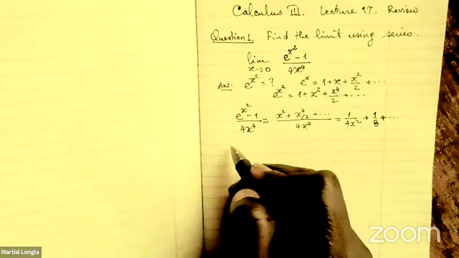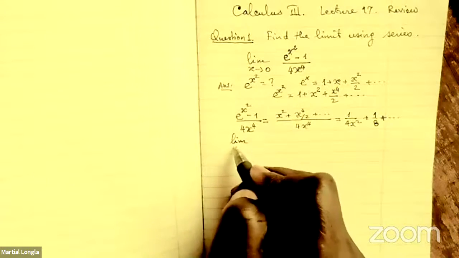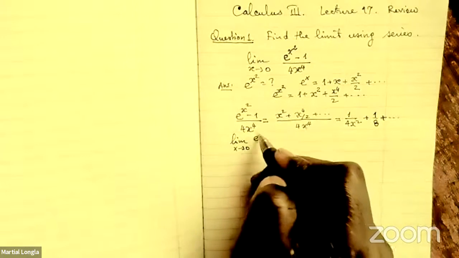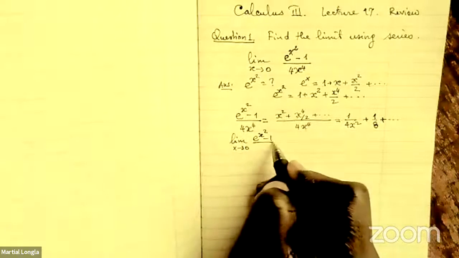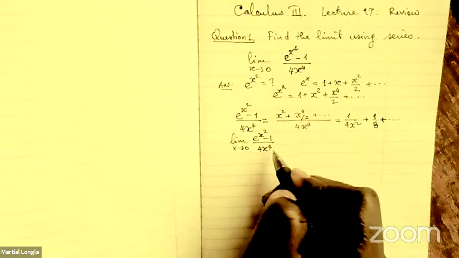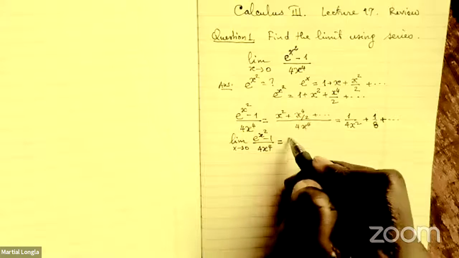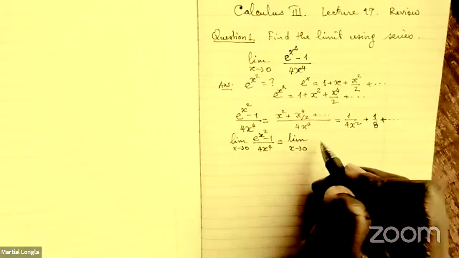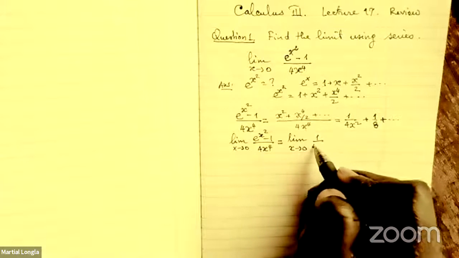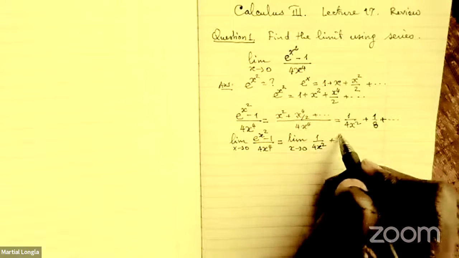And so the limit when x goes to 0 of e to the x squared minus 1 over 4x to the fourth equals the limit when x goes to 0 of 1 over 4x squared plus 1/8.